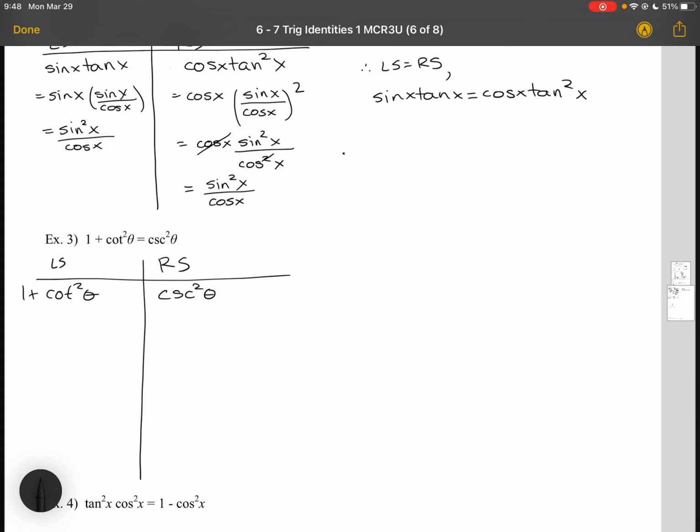Okay, so let's start with my left-hand side. I've got two terms. If I can get that down to one term, that would be great. So let's start with replacing cotan squared theta and rewriting it in terms of sine and cos. I know from above that this is equal to cos squared theta over sine squared theta.